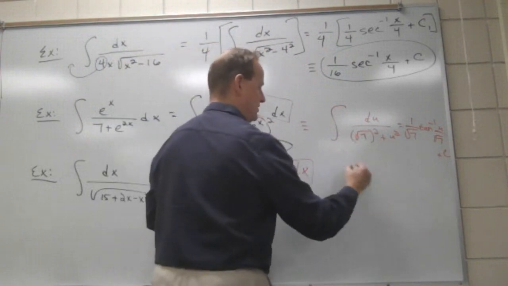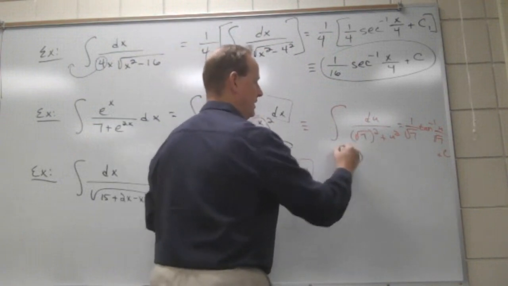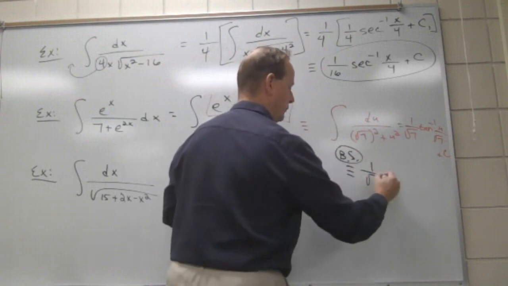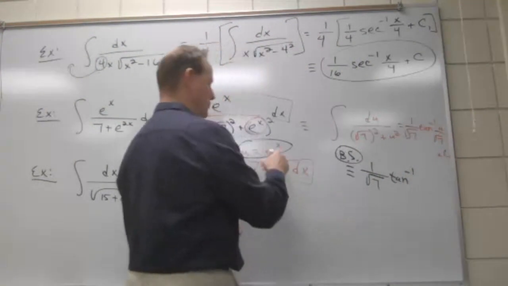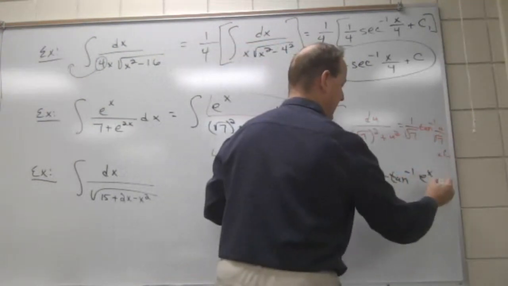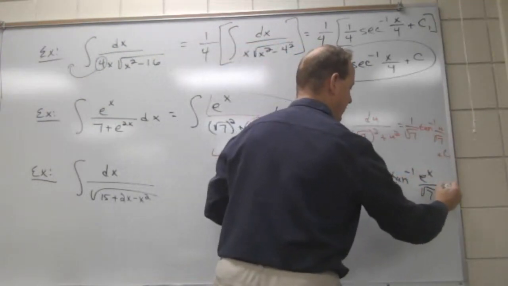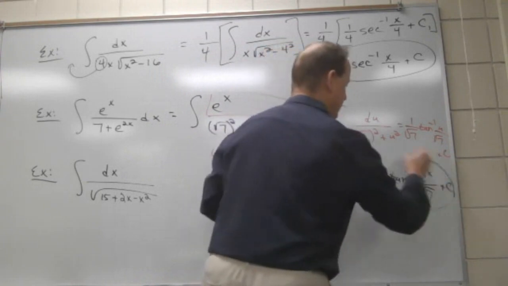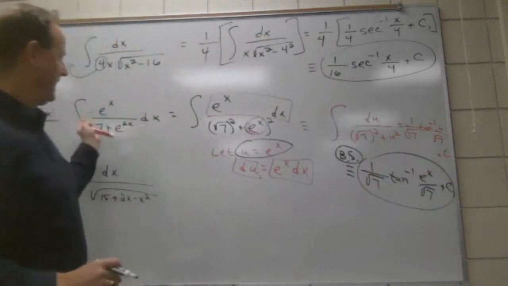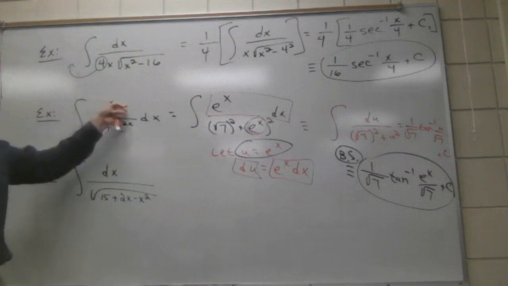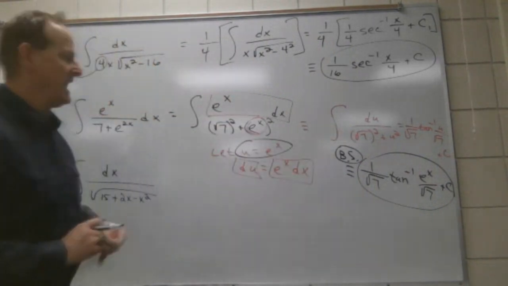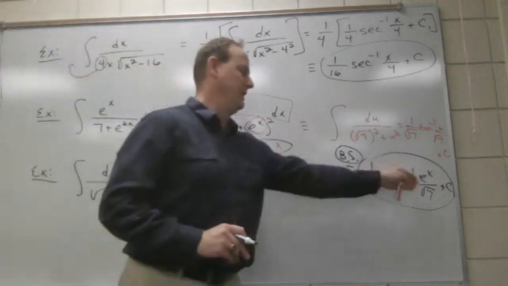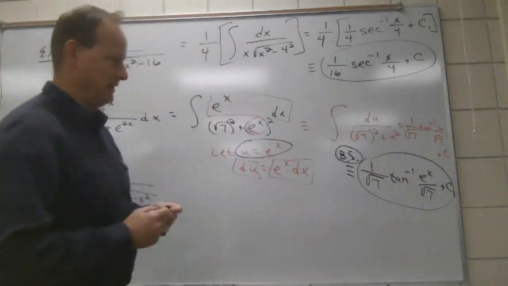So with back substitution, this is equivalent to 1 over root 7 arctangent of, instead of u, e to the x over root 7, and then plus c. So we made it look like a form that we could actually recognize, where the antiderivative would be arctangent.